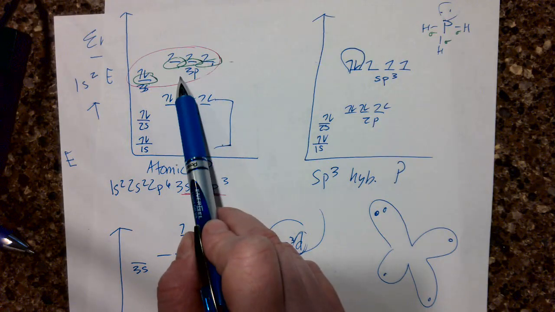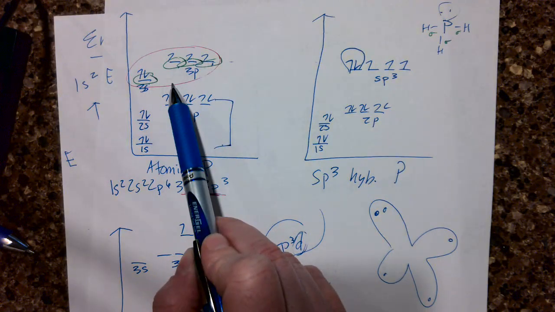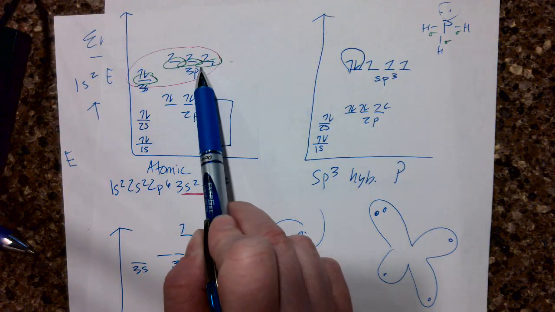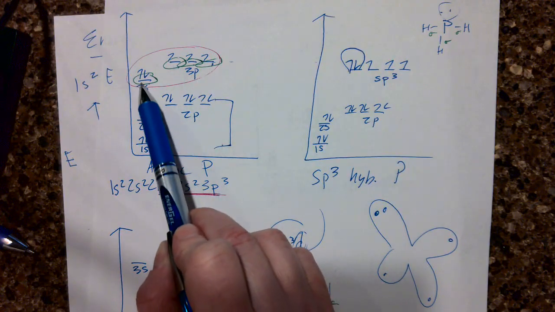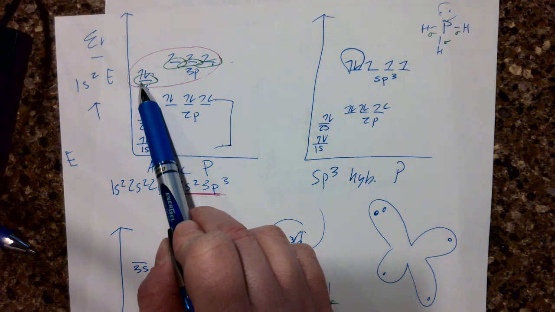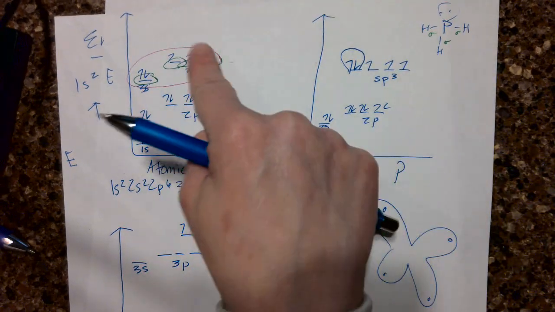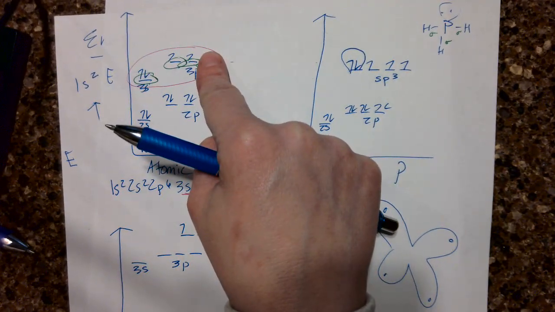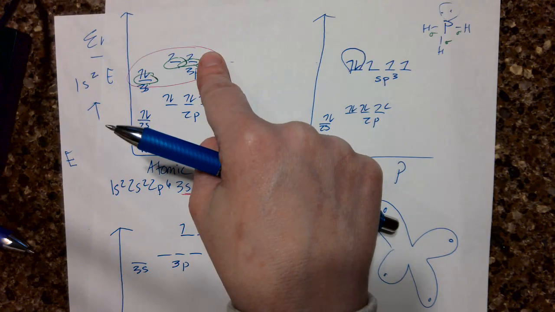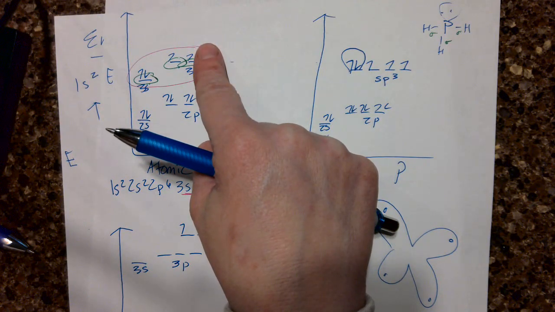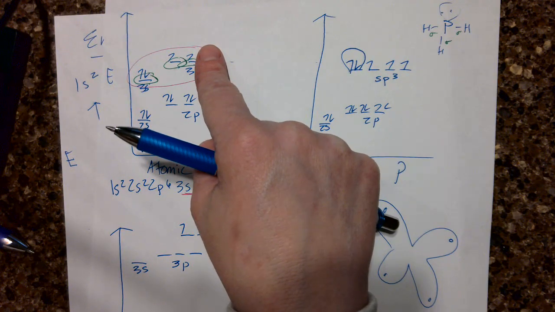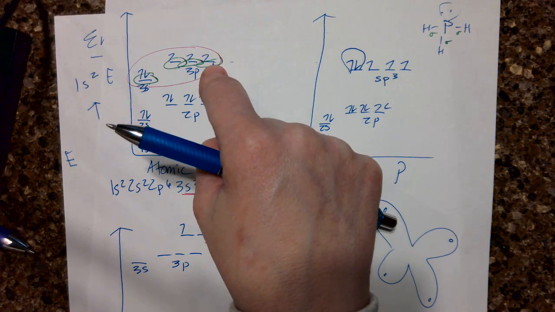But if you notice, when he's just hanging out being regular phosphorus, his P subshell is already half filled, and his S has just a 2 here. So I don't want to take one of these, because now I'm going to make P unstable. And plus, even if I took that, I don't even have a P subshell there anymore. I wouldn't be able to get sp3, but that's besides the point. Let's just imagine I could.